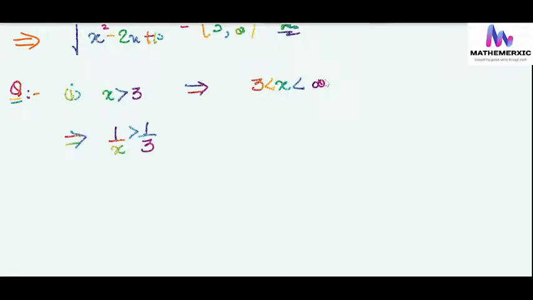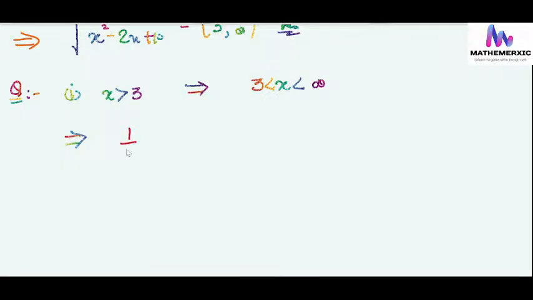So if we do 1 by x, so 1 by 3, and 1 by infinity is 0. The sign of inequality will change whenever we are going for the reciprocal.